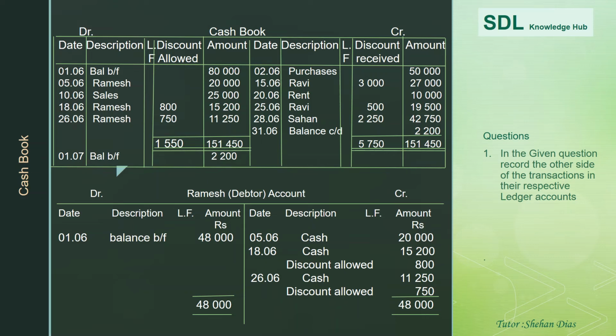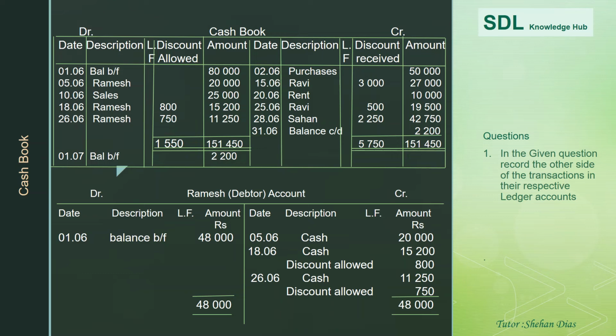So on the debit side of the cash book, discount allowed 750 and 12,000 minus 750, 11,250 as the amount, stating Ramesh. So in Ramesh's account, credit Ramesh for 11,250 as cash and 750 as discount allowed.